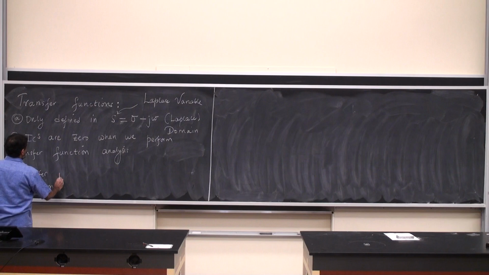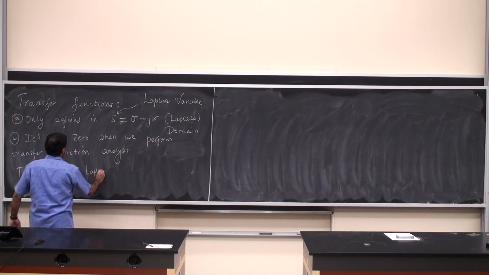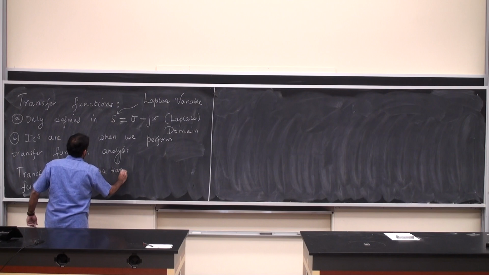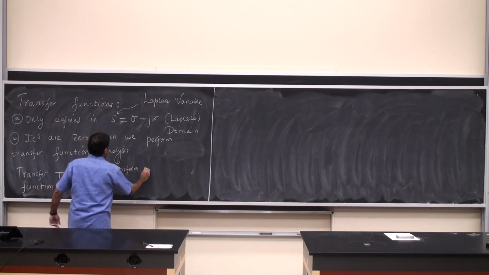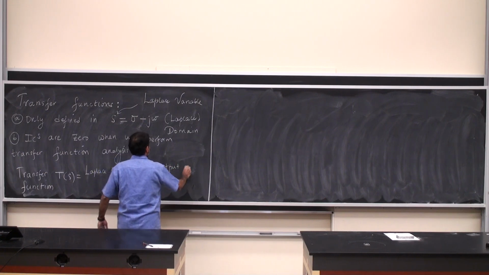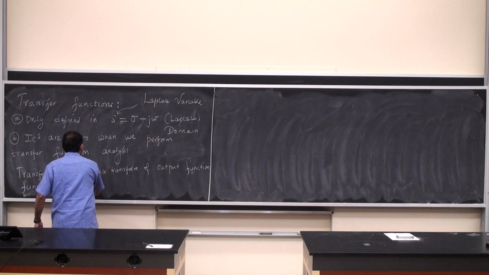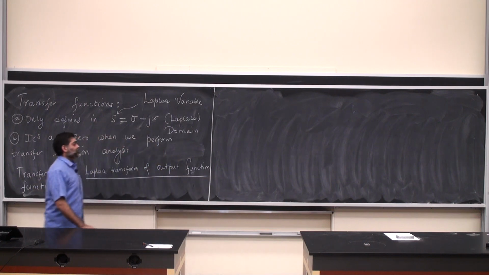All right, so transfer functions, here's the definition. T of s, as you see, is defined in the Laplace domain. It is the Laplace transform of the output function divided by the Laplace transform of the input function.